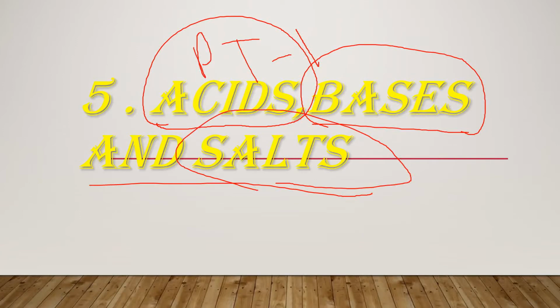Now, what are bases? Bases are substances that react with acids and neutralize them to form salts. They are mainly the oxides or hydroxides of metals. They are generally insoluble in water.